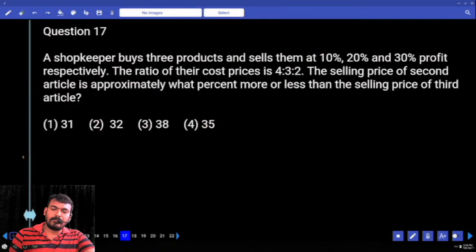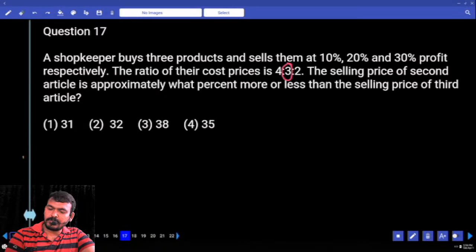Next question, number 17. A shopkeeper buys products and sells them at 10%, 20% and 30% profit respectively. The ratio of their cost prices is 4:3:2. The selling price of the second article is approximately what percent more or less than the selling price of the third article? Then we concentrate only on selling prices. The second article cost price is 3 parts.